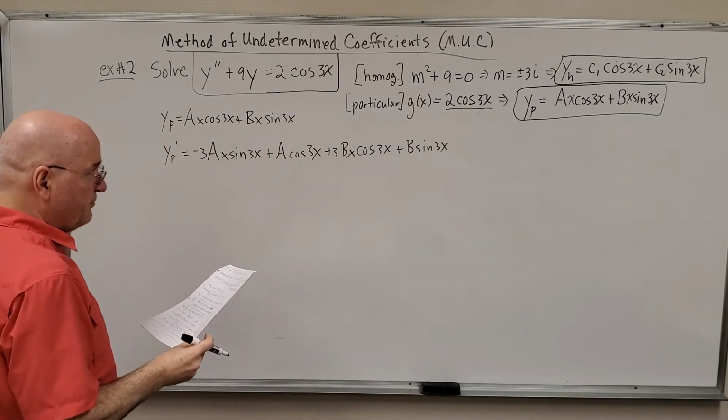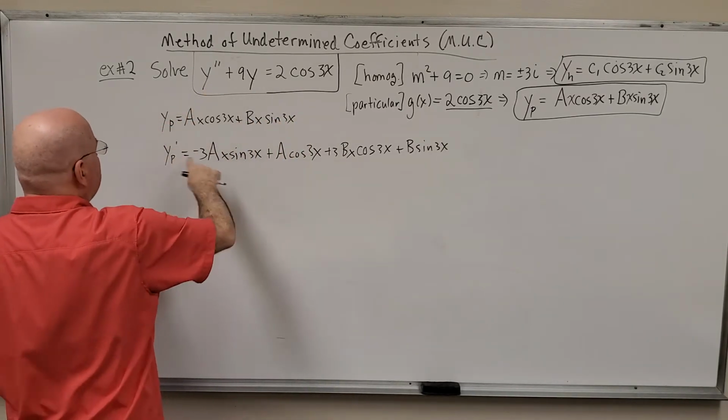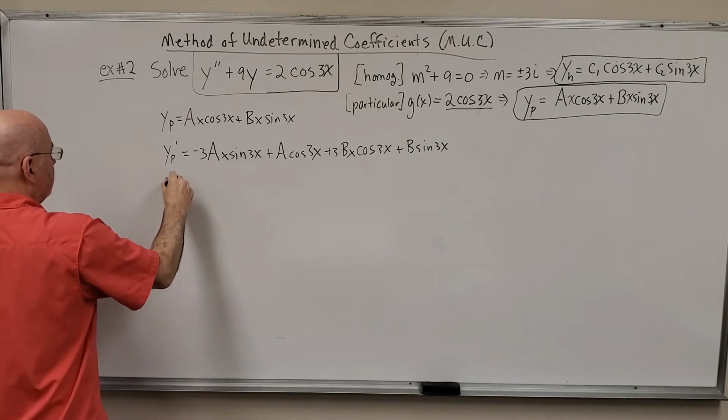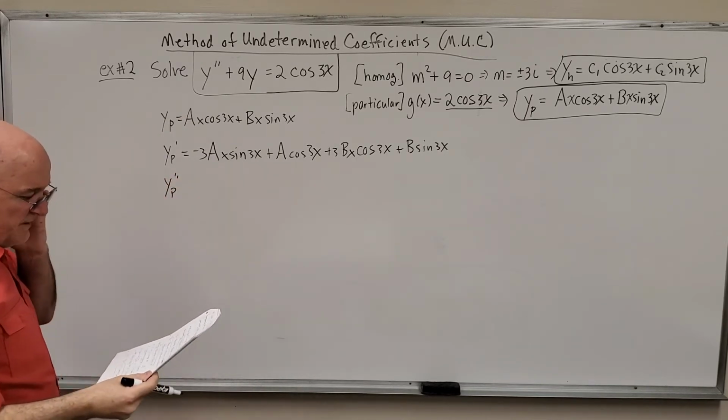That's the first derivative, which we don't need in the equation up here, but we need it to get the second derivative of yp.